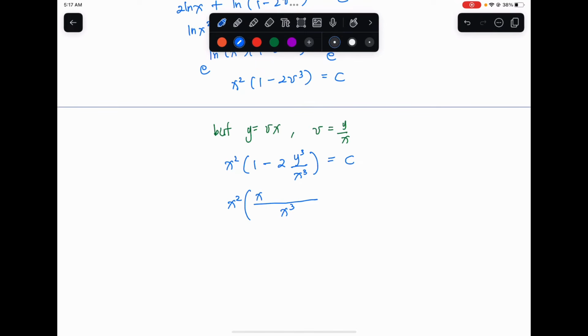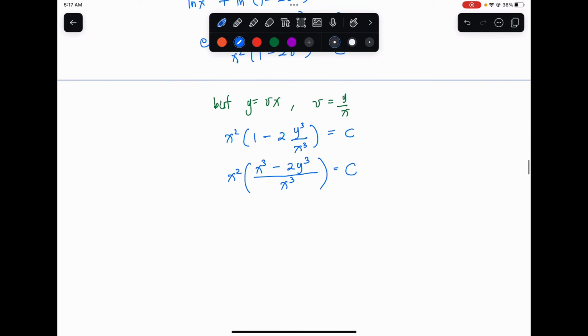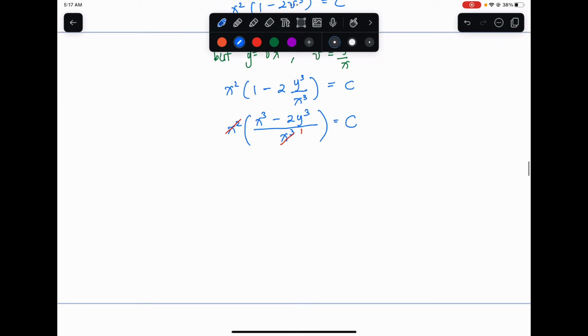So x cubed minus 2y cubed, all over x, is equal to c.